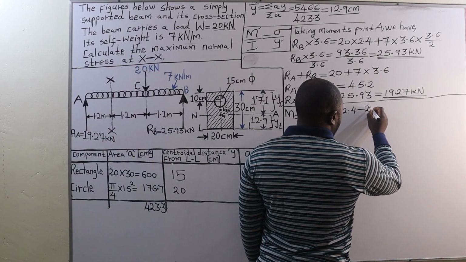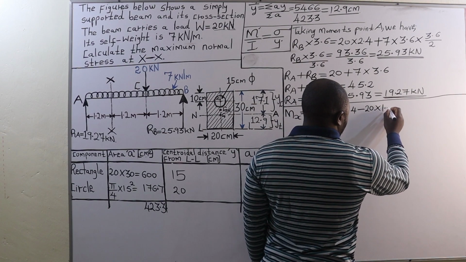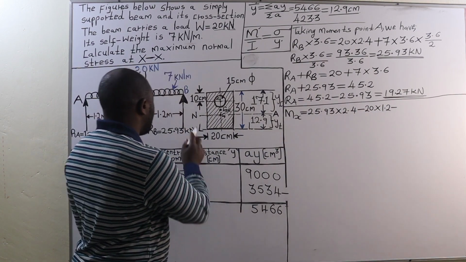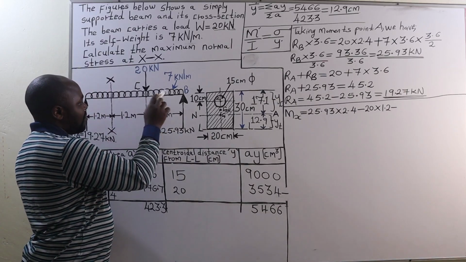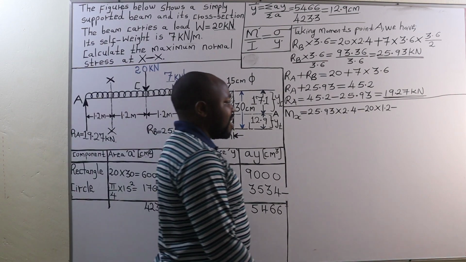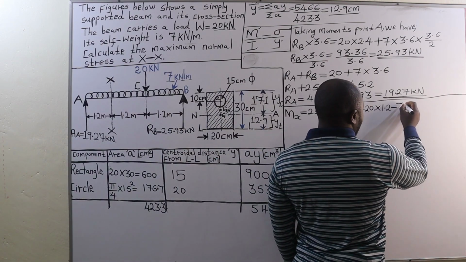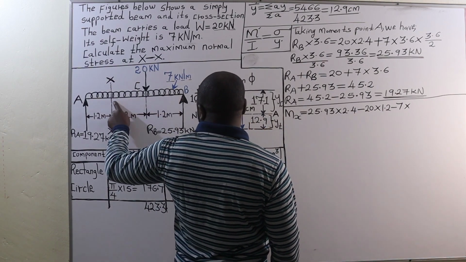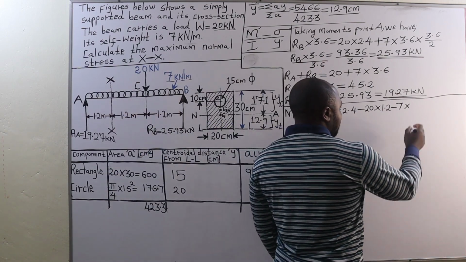Therefore, you have 20 times 1.2 meters minus, between B and XX we have a UDL of 7 kilonewtons per meter. Therefore, that is going to be 7 kilonewtons per meter times a span of 2.4 meters.